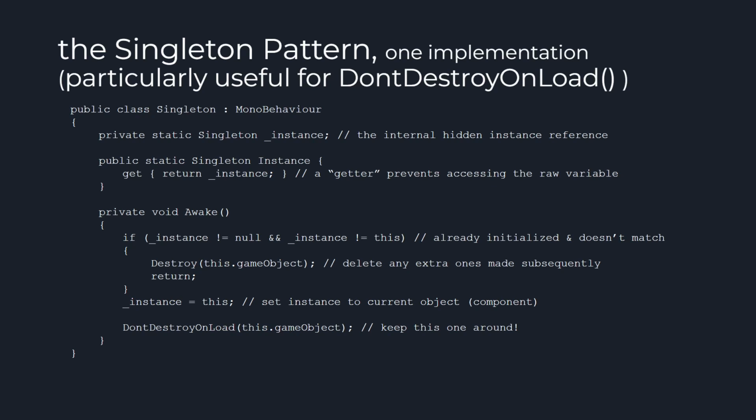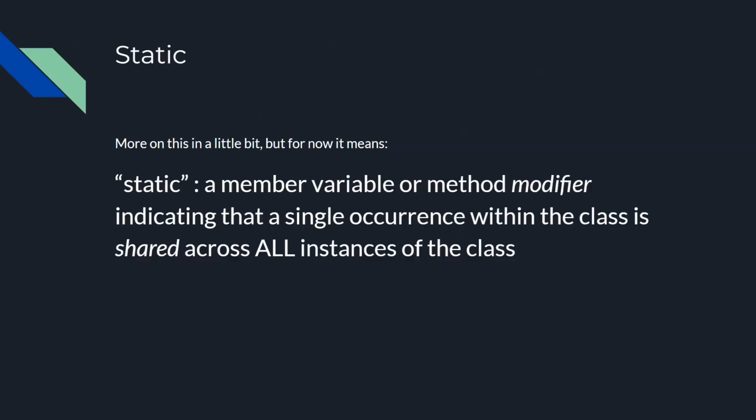There's a static one that belongs to the whole class, right? So instance here is important because it's referring to that one version. There aren't 15 of them, even though there are 15 components on 15 objects, right? That's the important part there, right?